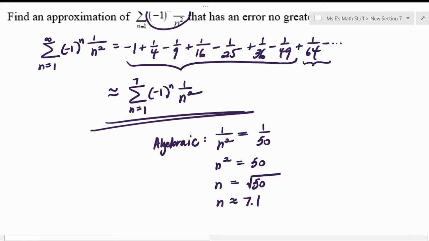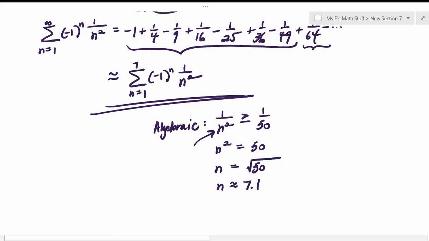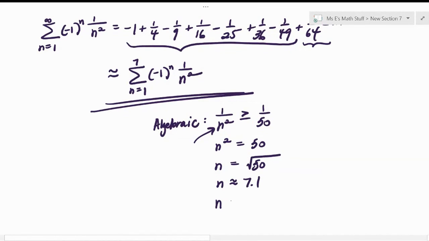And so now if you're looking for 1/n squared to be greater than or equal to 1/50, then you could play around with which side of 7.1 you need to be on to make that happen. So would 7 work? No. Would 8 work? Yes, and so you could find out that n would have to be 8.